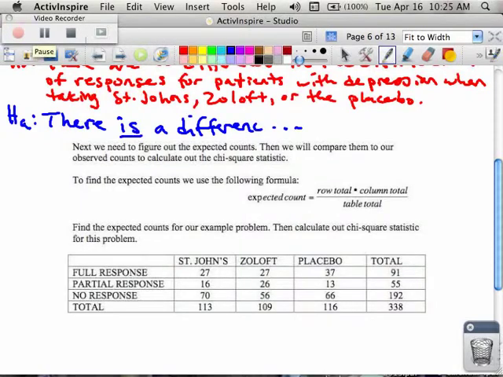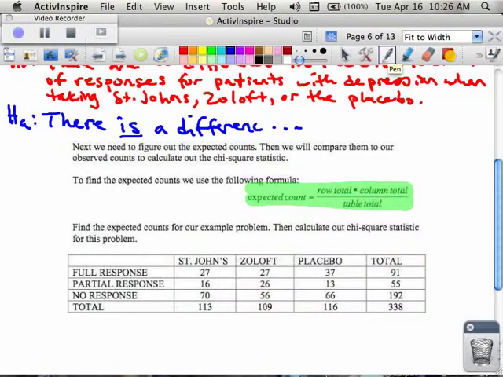Now, when we use tables, one of the things that's really important, you remember from our dice problem yesterday and the other problem that we had, when we're finding this chi-square statistic, it's really important to be able to talk about something called the expected value. When they use tables, they talk about the expected count. So the most important thing today that's kind of unique is this formula that's right here. And that's how you find the expected count.